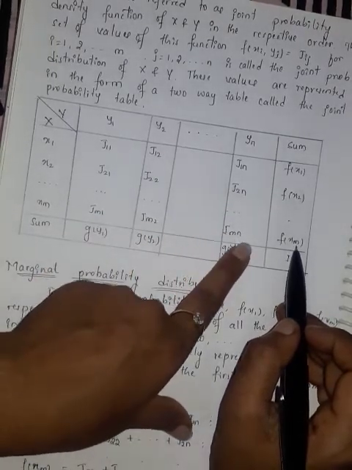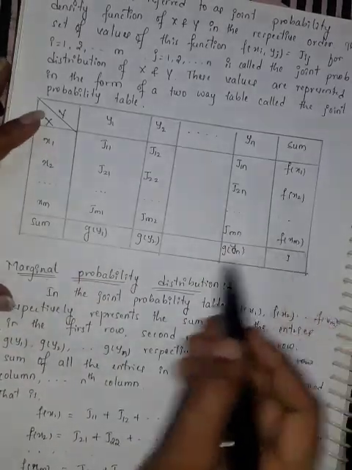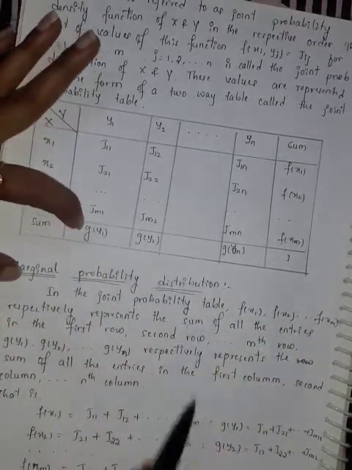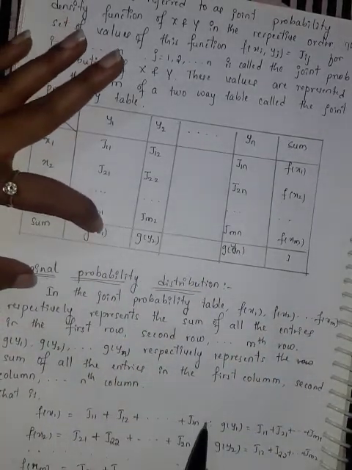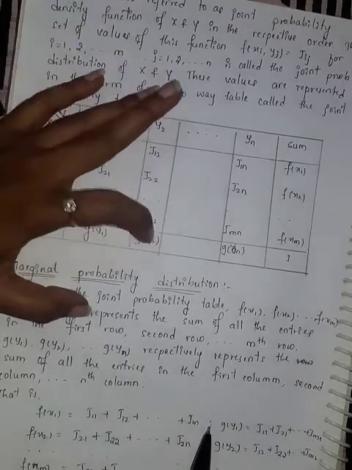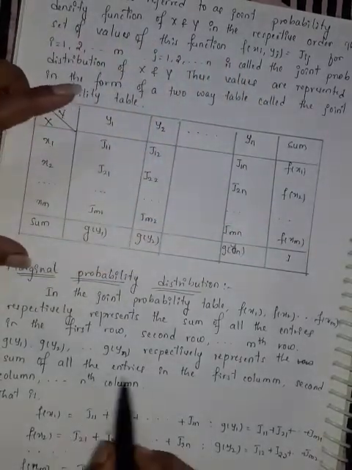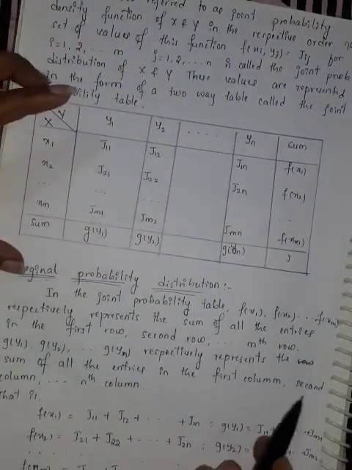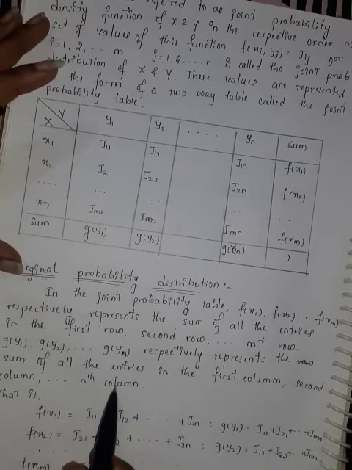Similarly, f(xm) represents the sum of the mth row, that is Jm1 plus Jm2 and so on up to Jmn. And similarly, g(y1), g(y2) up to g(yn) respectively represent the sum of all entries in the first column, second column up to the nth column.